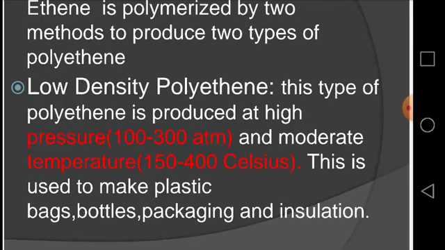This temperature and pressure is required to make low density polyethylene. At the high pressure and temperature, the ethene molecules don't come very close to each other, so they produce large volumes and the density becomes low. And this is used to make plastic bags, bottles, packaging and insulation materials.